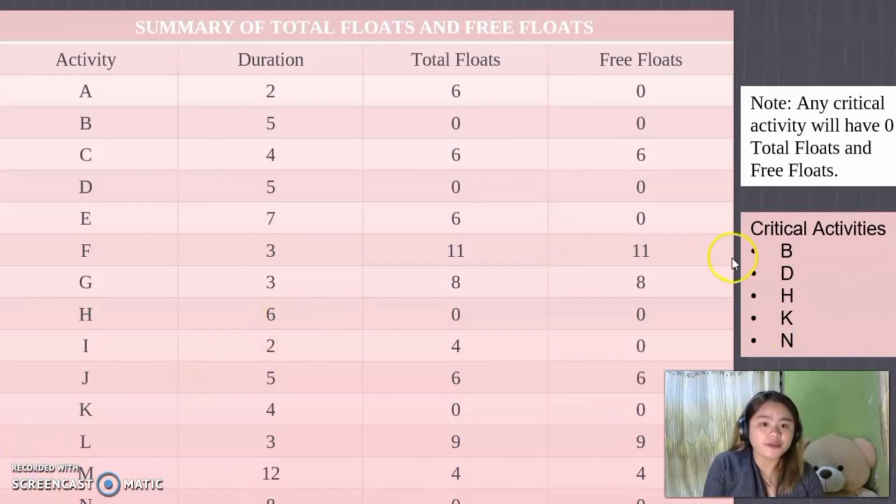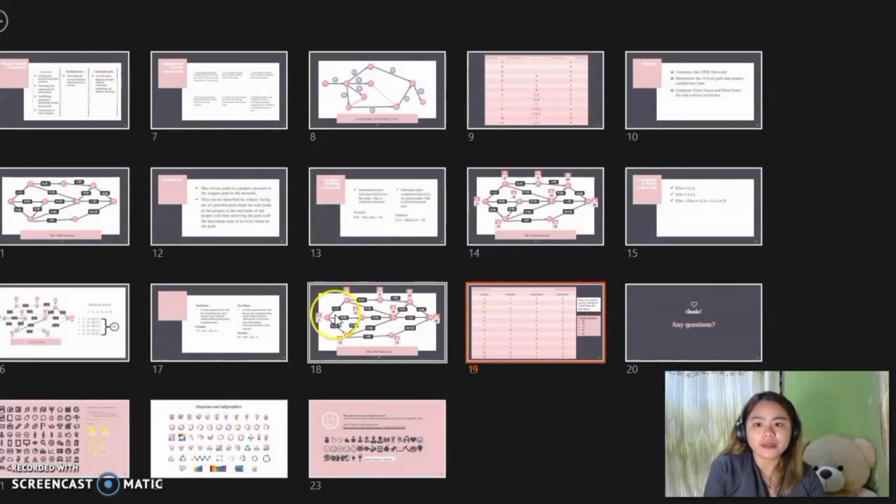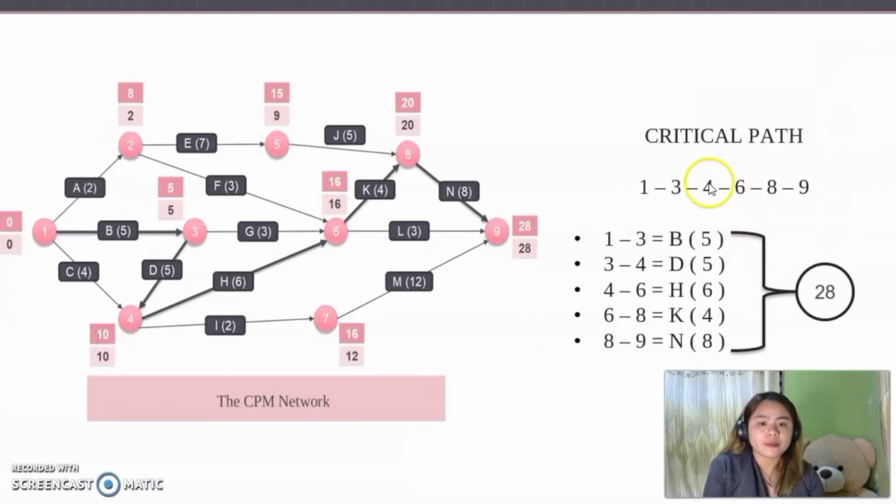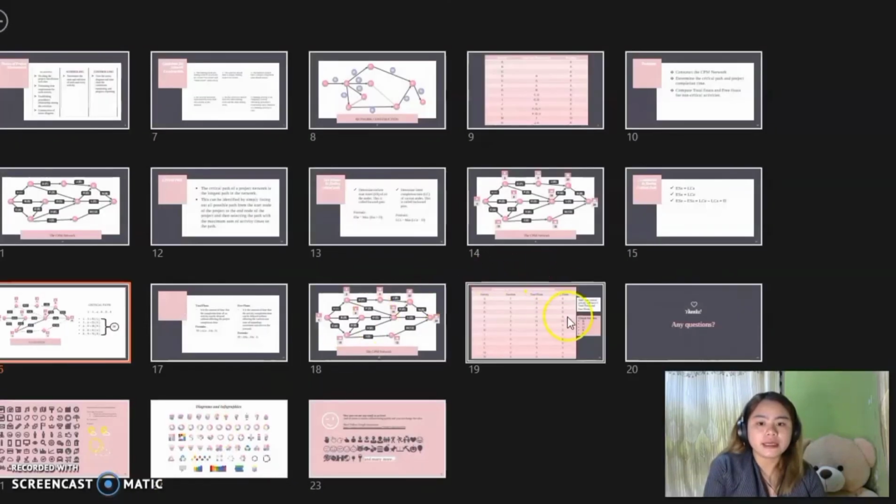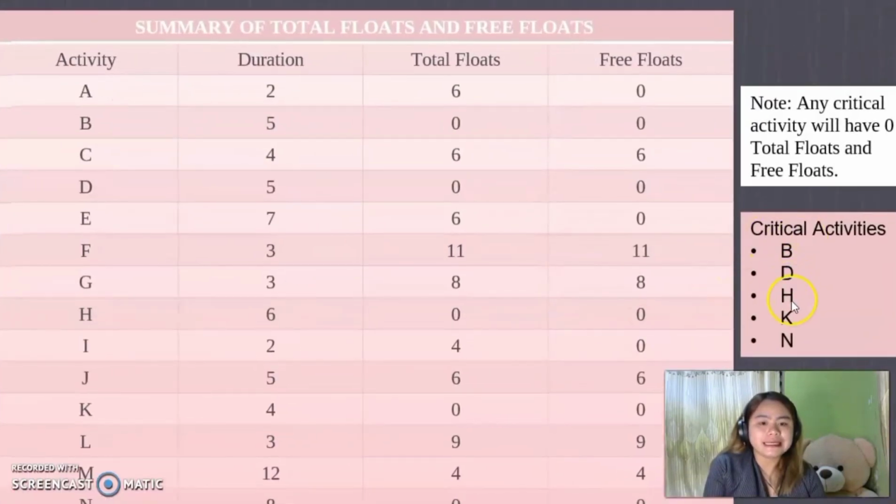Now let's check if our critical path here is the same critical path that we calculated earlier. Here, our critical path is activities B, D, H, K, and N. And here, B, D, H, K, and N. So therefore, we calculated correctly.